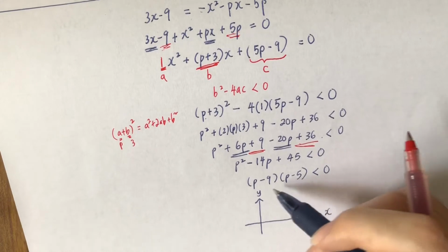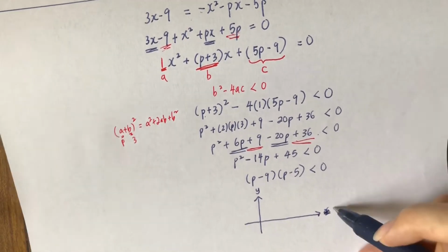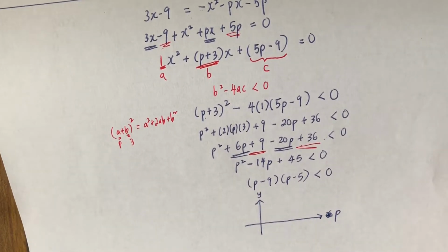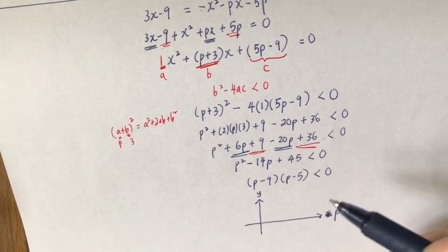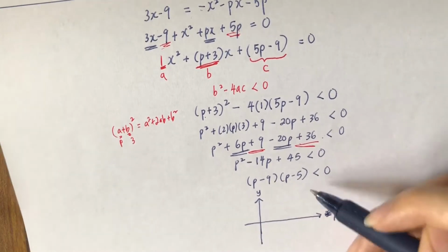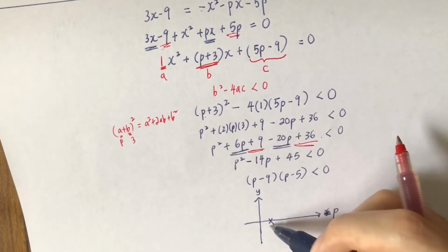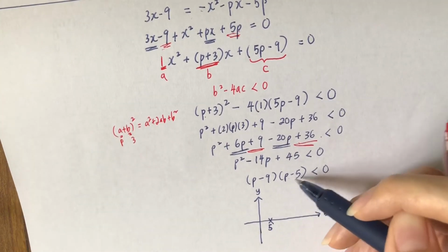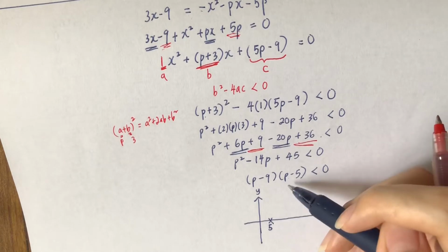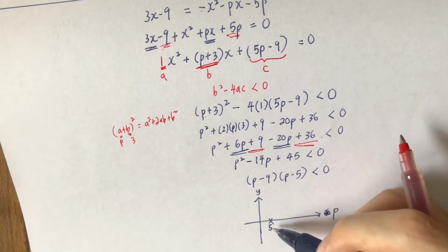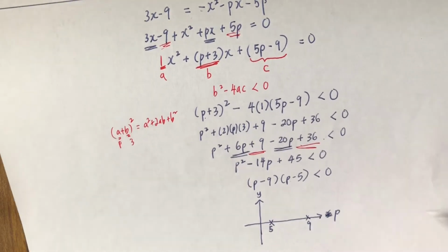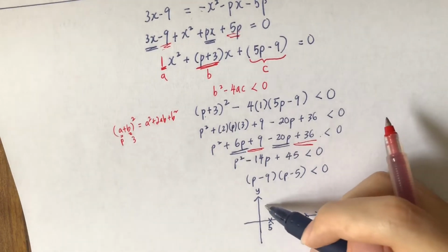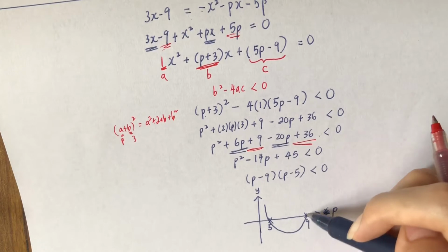In this case, it's no longer x but rather p, because it is in p form. So we know that one of the intercepts will be 5, because p minus 5, when y equals to 0, p will be 5. When y equals to 0, p would be 9. And we draw the curve.